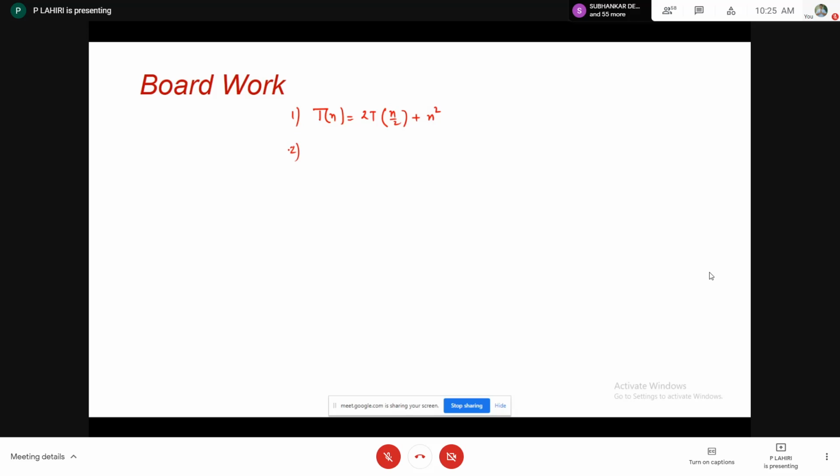And another one is very interesting. T of n equals 4 into T of n by 2 plus n.